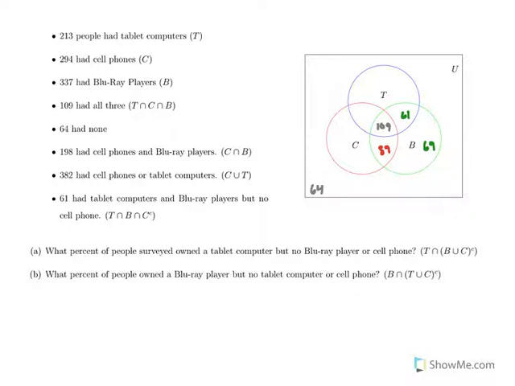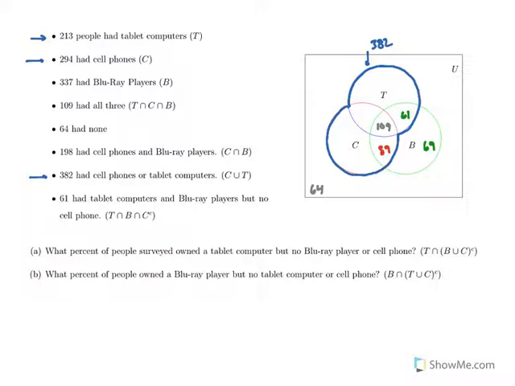And what piece of information have we not used? We have not used how many people are in T, how many people are in C, and how many people are in C union T. All right, so C union T, let's start with that, has 382. So what piece of the puzzle is this? That is the circle for C or the circle for T. That is this big blob, which has 382.